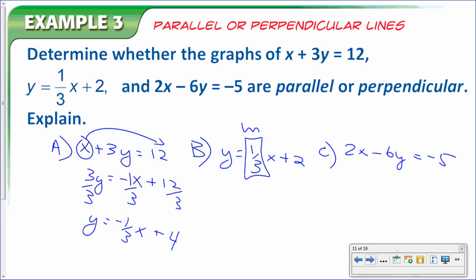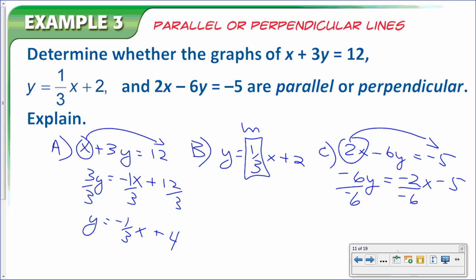Okay, we have to switch this into slope intercept form, right? Move that over there, which gives me, then divide by -6. y equals 1/3 x plus 5/6.